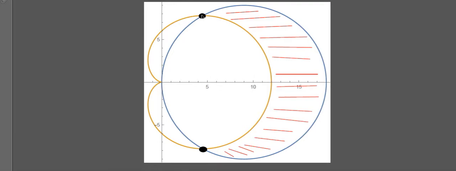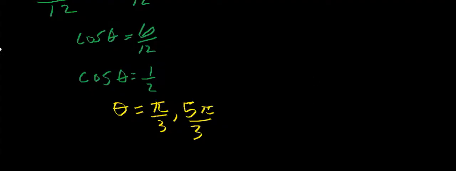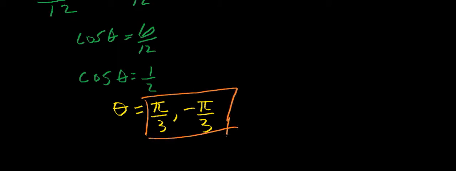But that's not what we want. We want to go from pi over 3 to negative pi over 3. So our bounds are pi over 3 and negative pi over 3, and that's what we'll use for our bounds of integration.